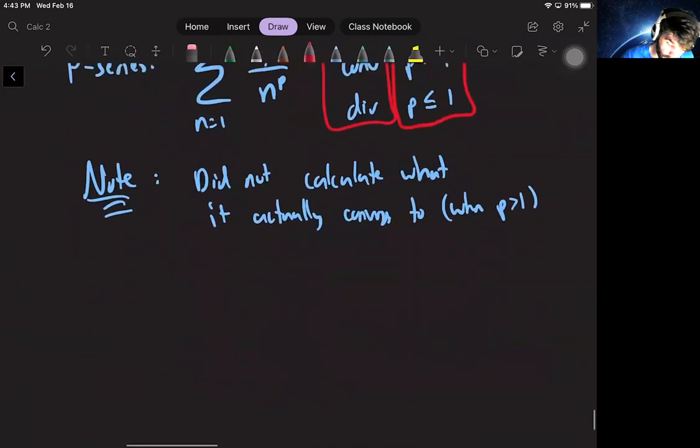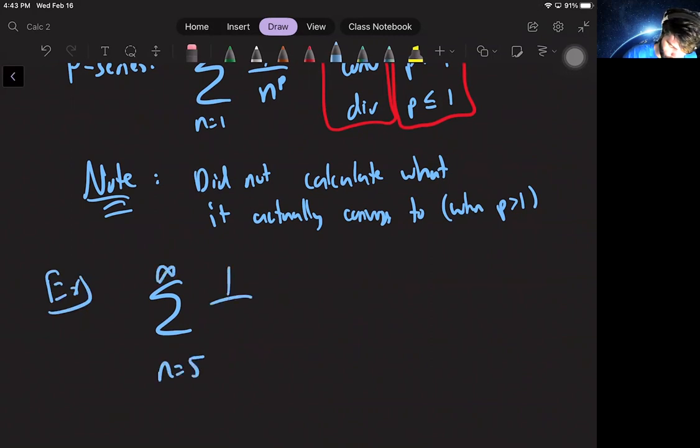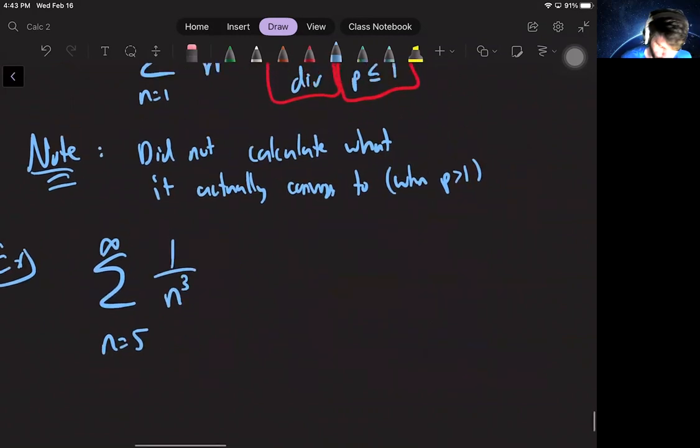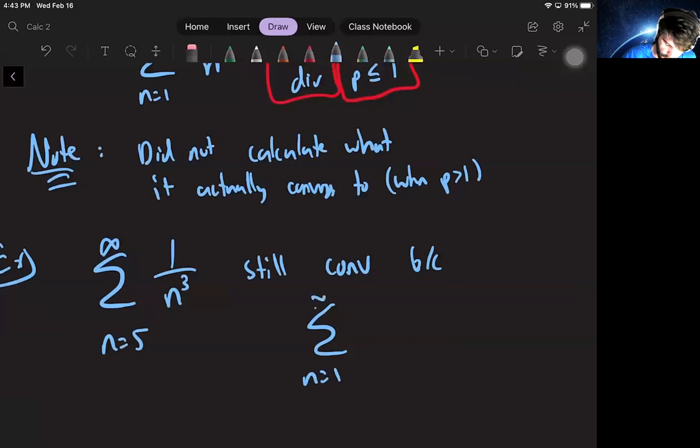And then of course, you could use tricks to do things like this. If you change the starting number, it can still work. So this will still converge because this guy converges, the actual p series for p equals 3.